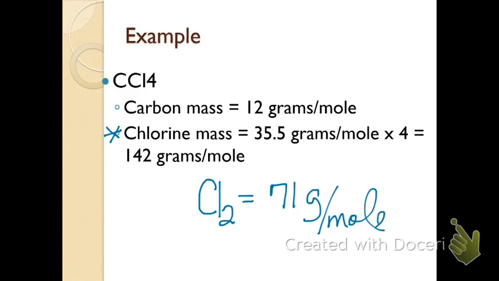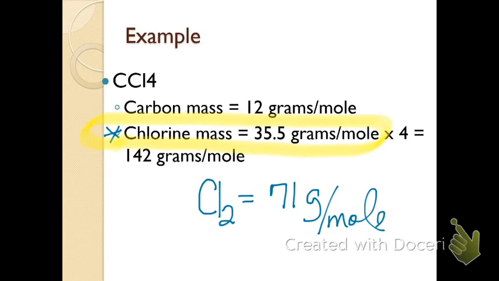A perfect 71 grams per mole. So the IUPAC, scientific chemistry community, call them what you will, made the decision that chlorine is the only exception to the rule that you cannot round. It is the only one you cannot round.